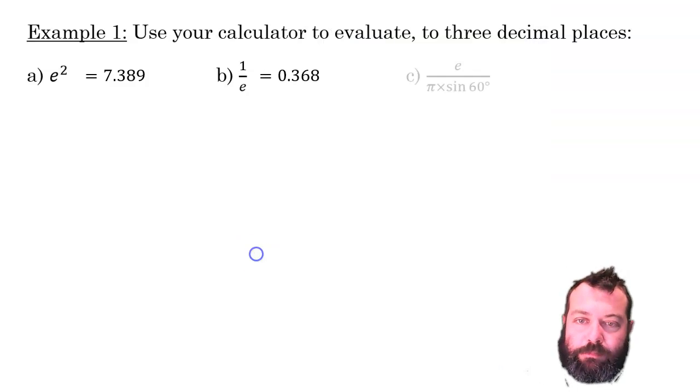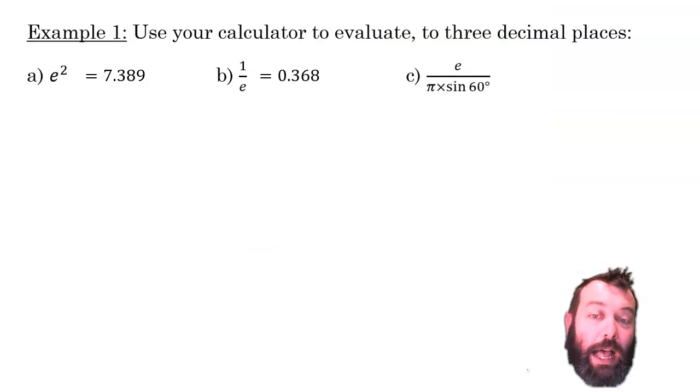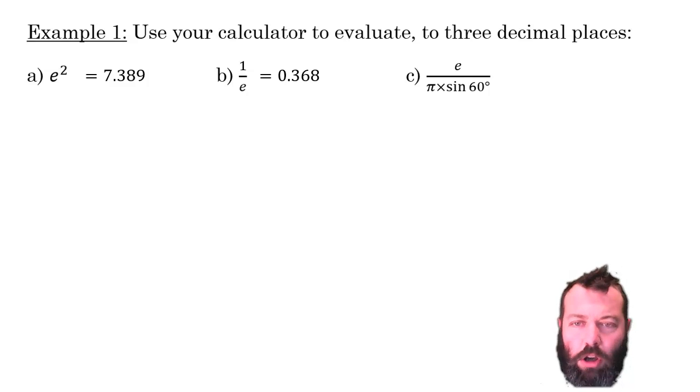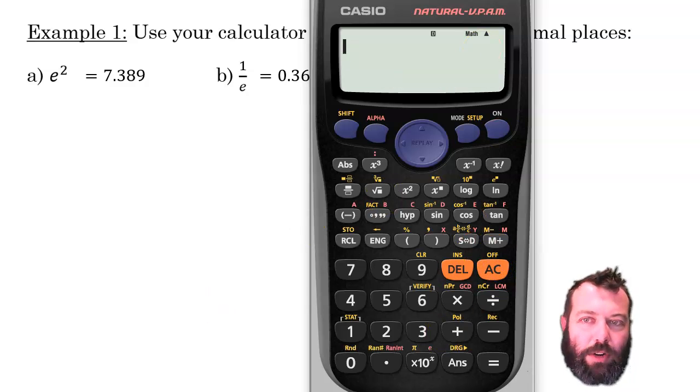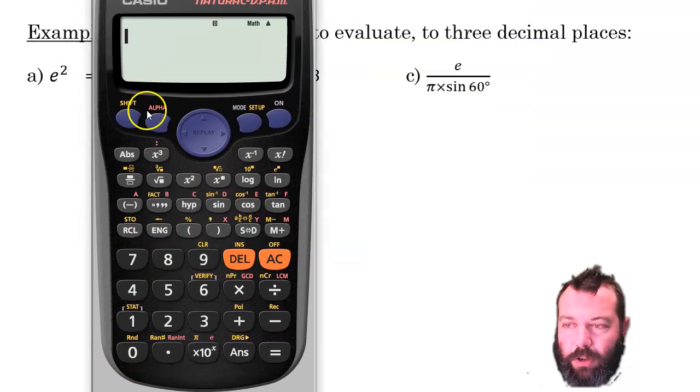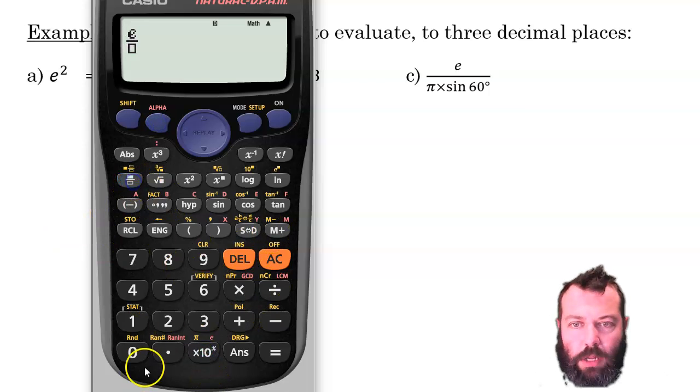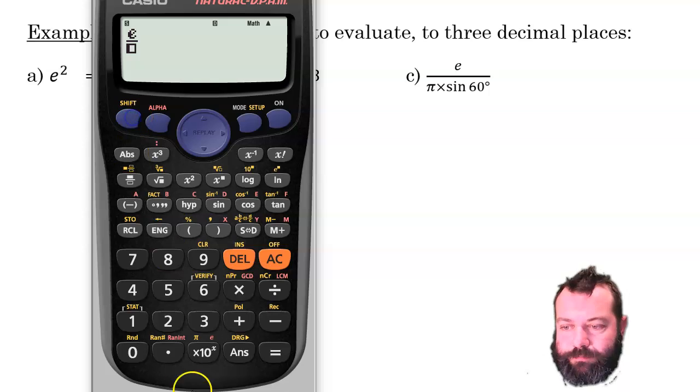There we go. Now this one here, this is a bit funny. e over pi times sine 60. Why on earth would I do that? Well, it's just a random coincidence, really. But if I do that, if I go e over pi, times sine 60.